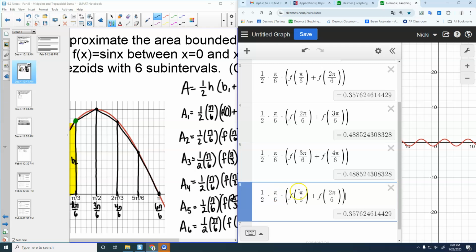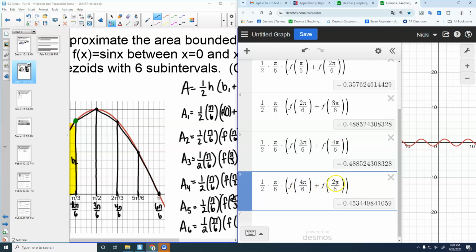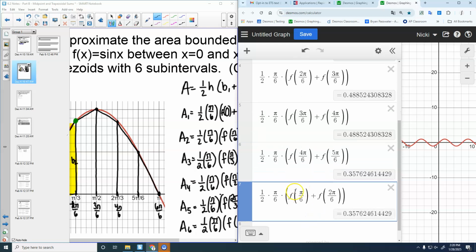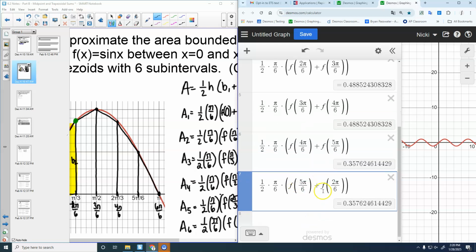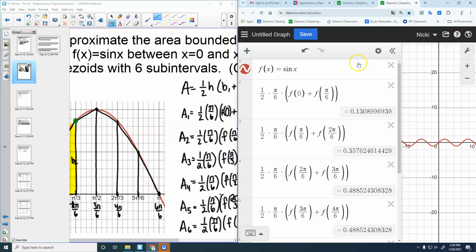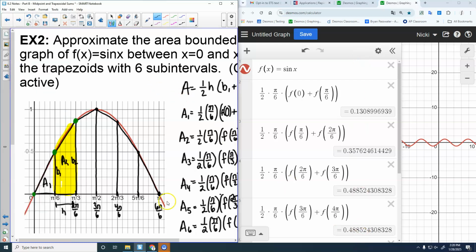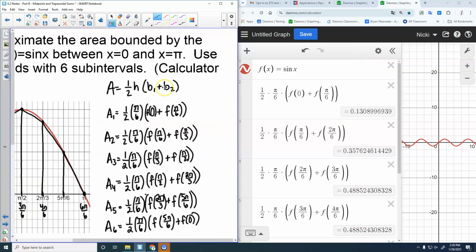I've got 4 pi over 6 to 5 pi over 6. And I've got 5 pi over 6 to, I'm going to just put 6 pi over 6, which is pi, right? So all of those are going to give me my values that I have over here.